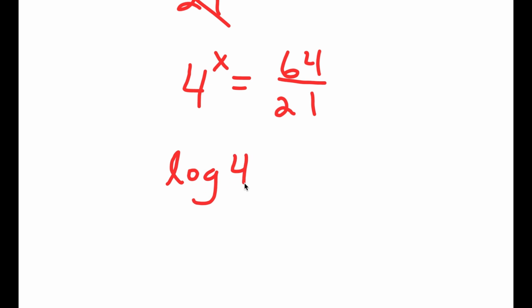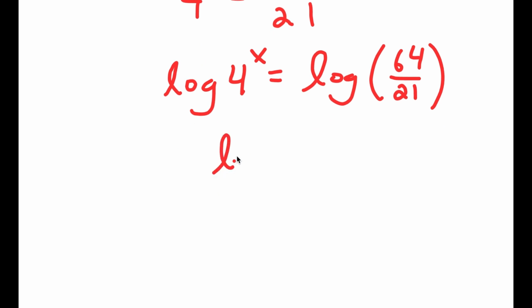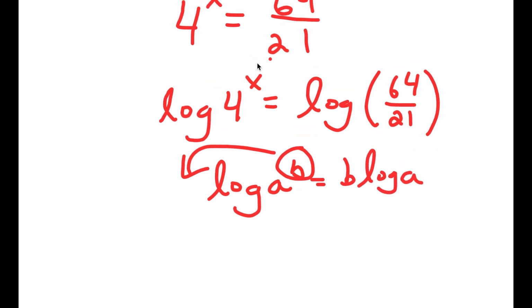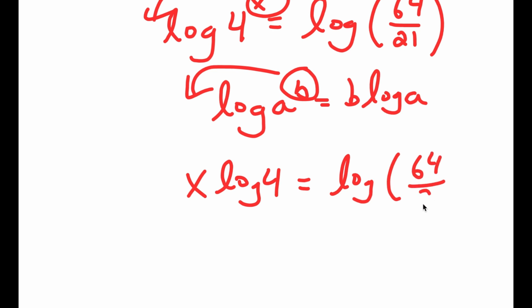So I get log 4 to the power of x is equal to log 64 over 21. So if I have something in the form log a to the power of b, I can move this exponent b to the front. So it's going to equal b times log a. So log 4 to the power of x, I can move x to the front. So I get x times log 4 is equal to log 64 over 21.